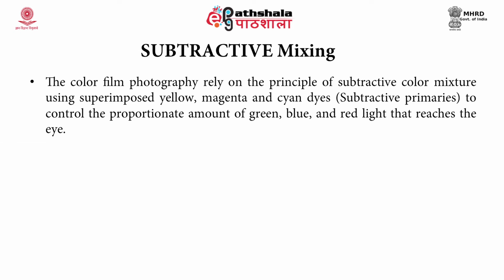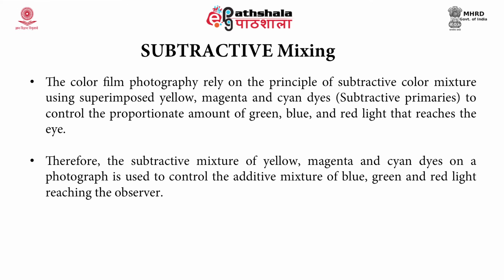Color film photography relies on the principle of subtractive color mixture using superimposed yellow, magenta and cyan dyes, that is the subtractive primaries, to control the proportionate amount of green, blue and red light that reaches the eye.